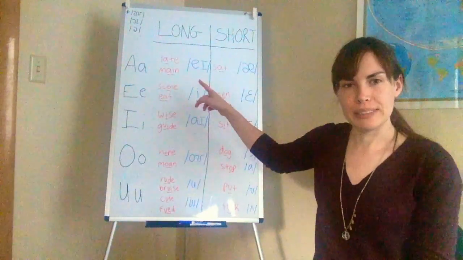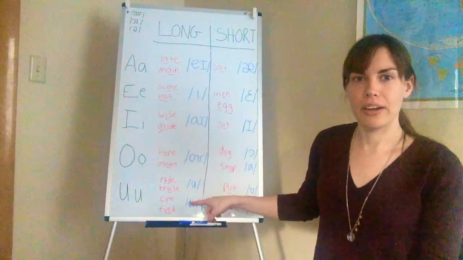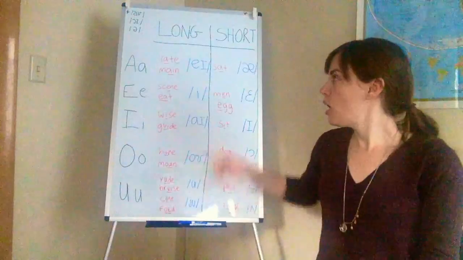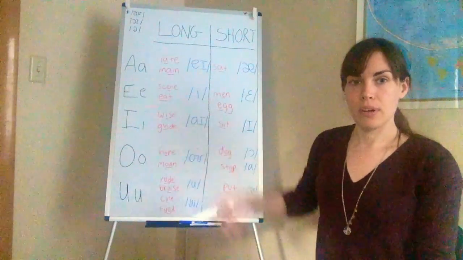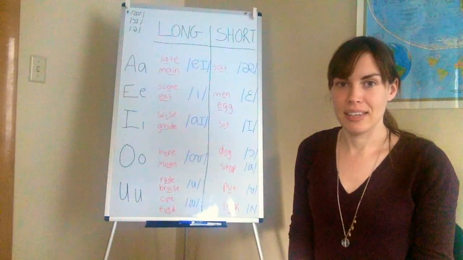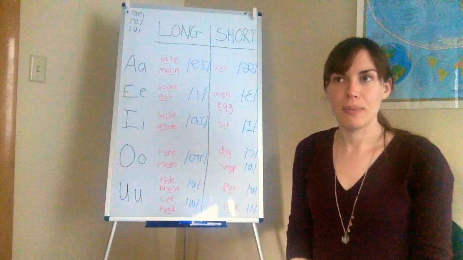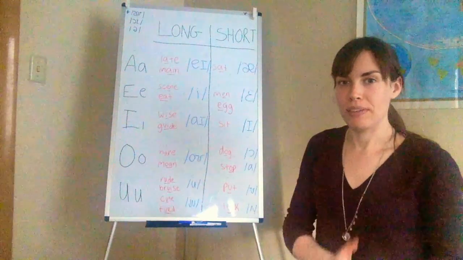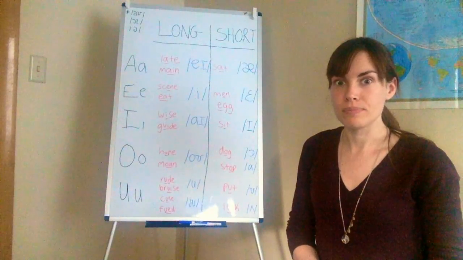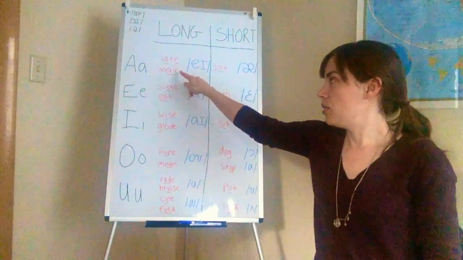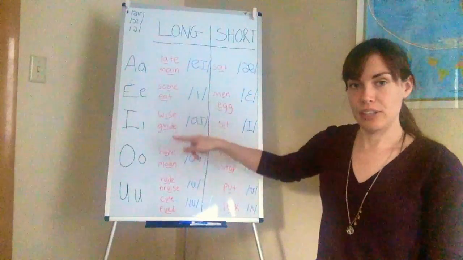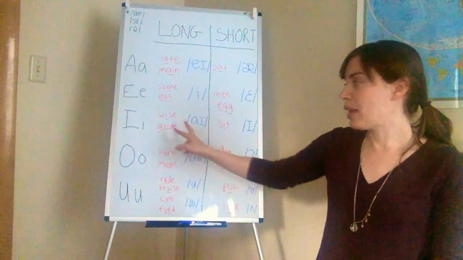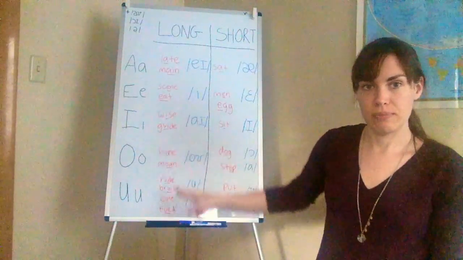So you might have noticed there are some spelling similarities between all of the words for the long vowels. The examples on top all have silent E's at the end. That means that whenever you have a word with a silent E at the end, you know that the vowel before it is going to be long. The second word I have for each vowel, if you notice, those have 2 vowels next to each other.